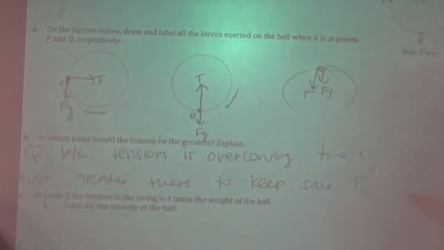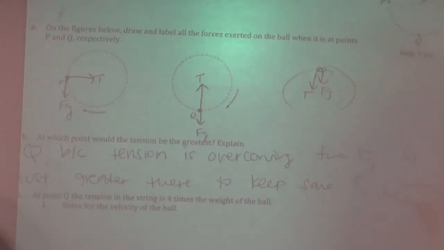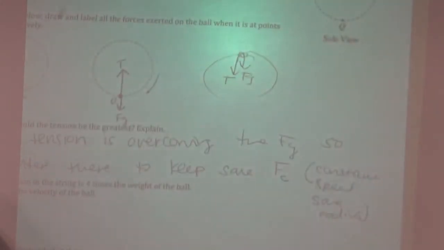And the reason you have the same centripetal force is because it said it's at a constant speed and the same radius. Now it doesn't tell me it's keeping the same radius, but if you have an object twirling around in a circle, you can assume that the string is staying the same length.